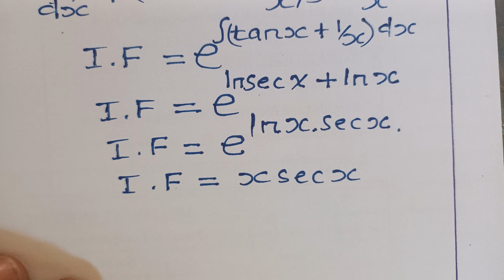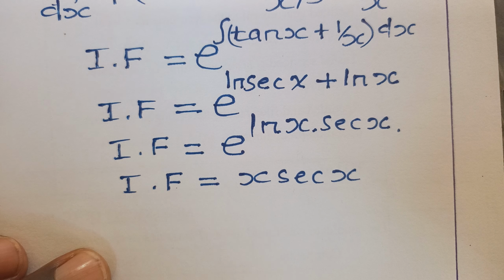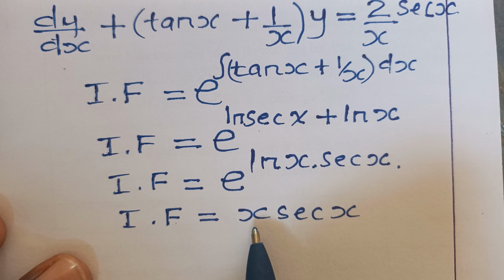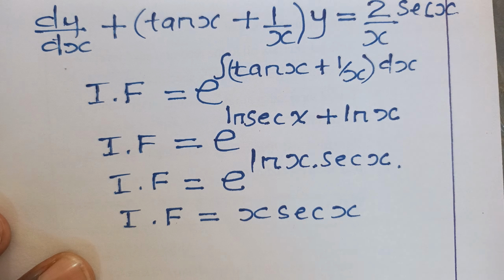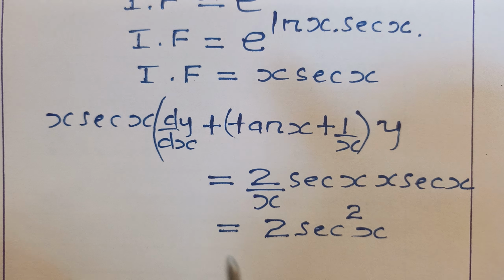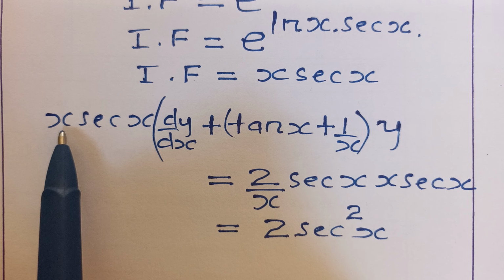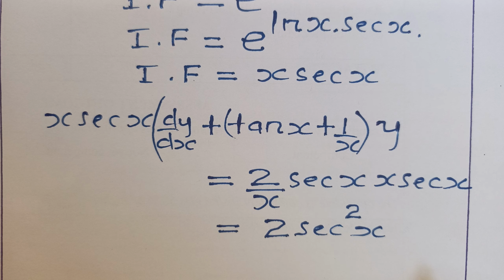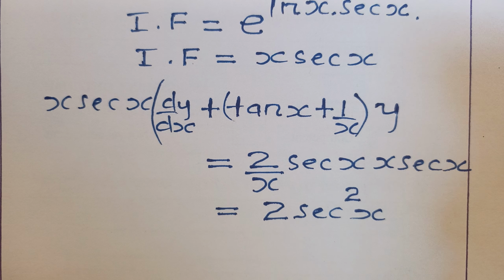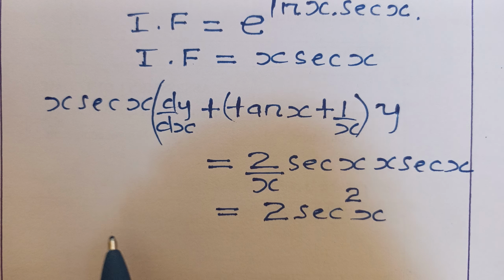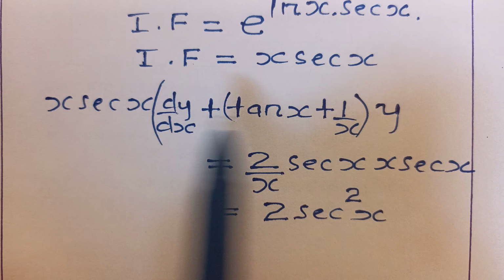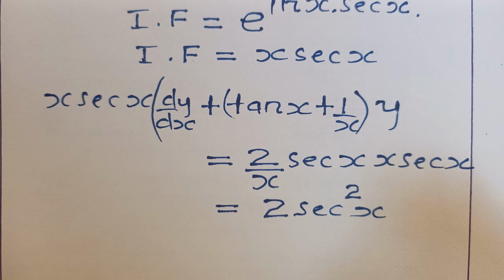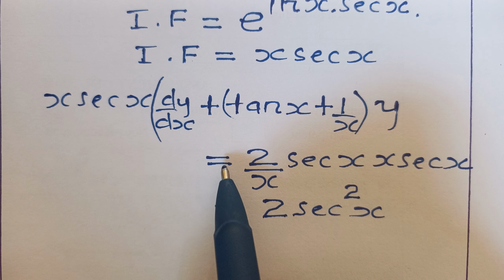And from there, guys, we now go back to our equation. For our equation, we now multiply by x sec x throughout. As you can see, I've multiplied this side and also this other side. But instead of multiplying here and trying to evaluate, we just multiply and also make sure we multiply the other side, which had a 2.